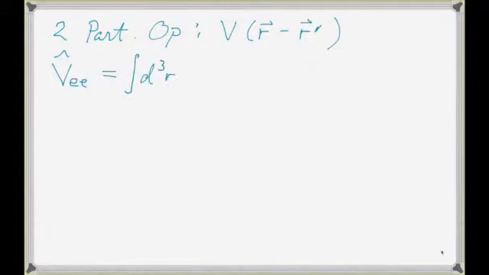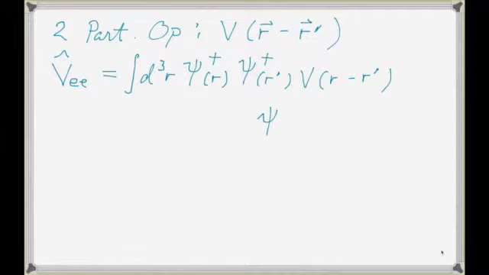The integral of d cubed r, psi dagger of r, psi dagger of r prime, V of r minus r prime, psi of r prime, psi of r. These are all these second quantized field operators, and that's all under the integral.